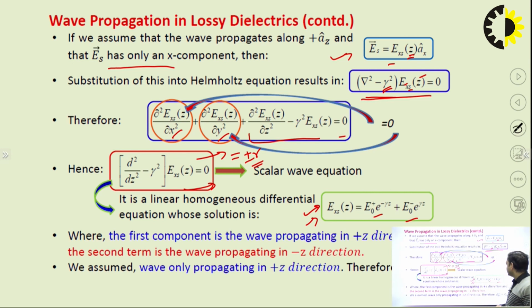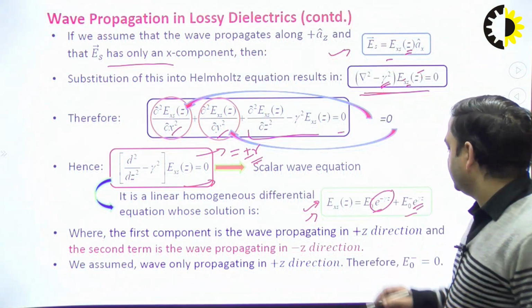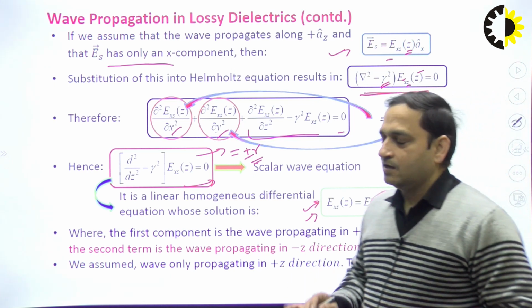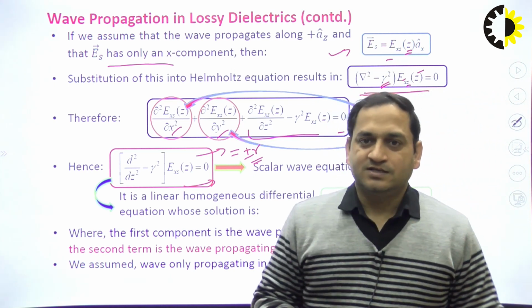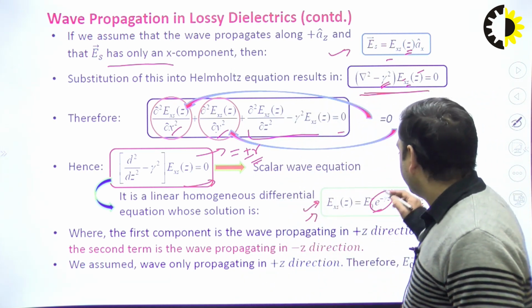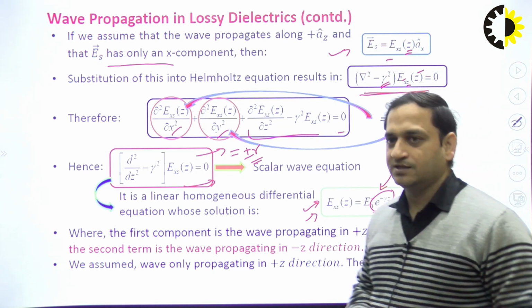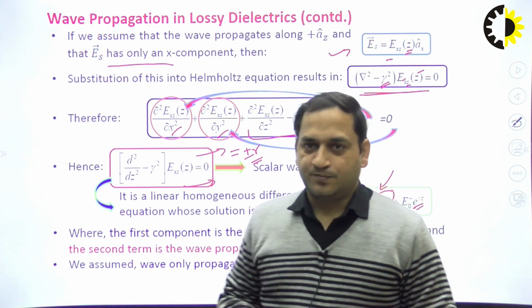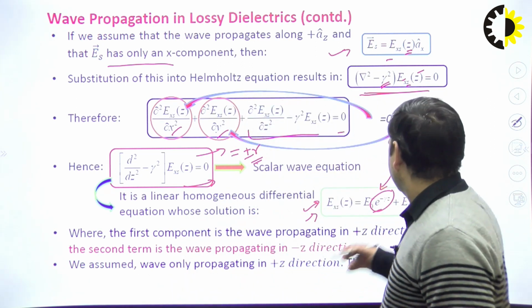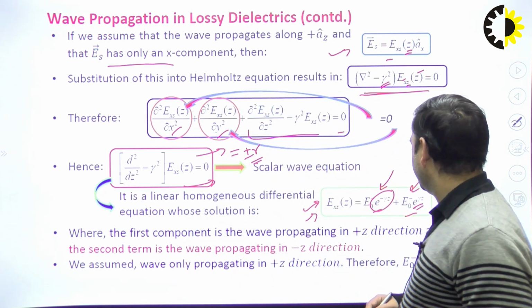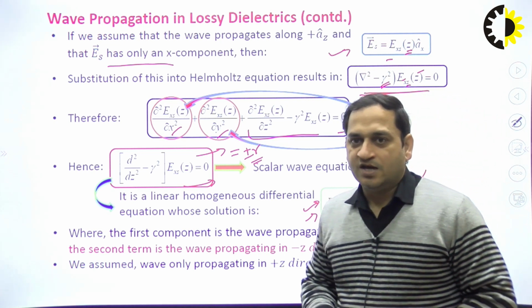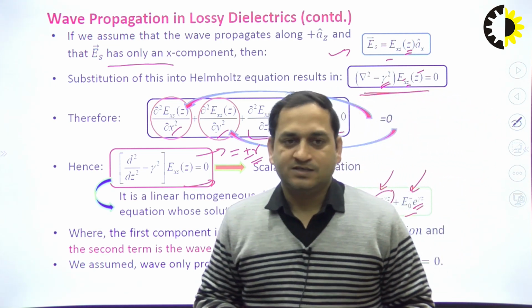Based on that we can define the wave equation. This wave equation is representing two components, e to the power minus gamma z and e to the power gamma z. These components represent wave propagation in the positive and the negative z direction. In the first term, e to the power minus gamma z is representing the wave propagation in the positive z direction, and e to the power gamma z is representing the wave propagation in the minus z direction.